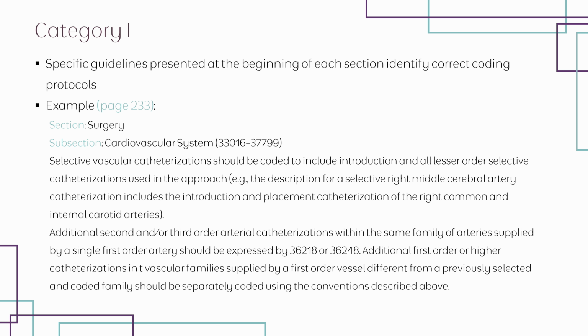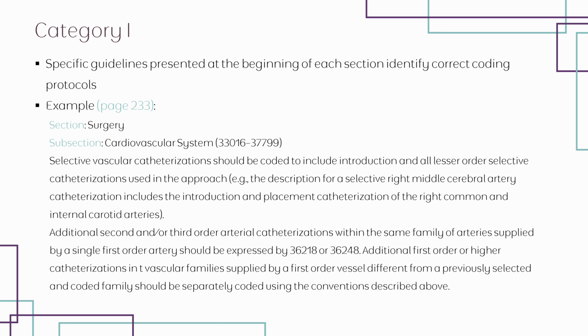Now that you've seen how the CPT codebook is organized into sections, subsections, and subheadings, it's important to understand that each section also includes specific guidelines that provide essential coding instructions. These section-specific guidelines appear at the beginning of each main section and serve a critical role in helping you apply the codes correctly.